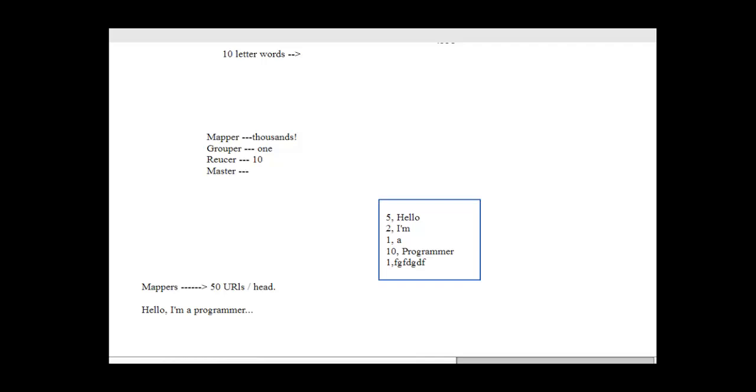Now using this, the grouper is supposed to write like this in sheet 1: A, I. So this is what he's supposed to write in 1. Got it? Now in sheet number 2, this is what he's supposed to write: all the 2-letter words which are found in the output of the mappers.